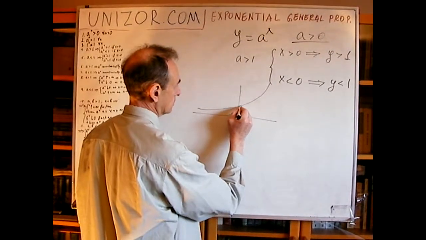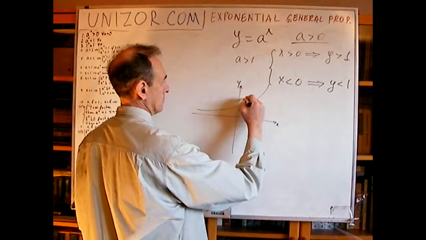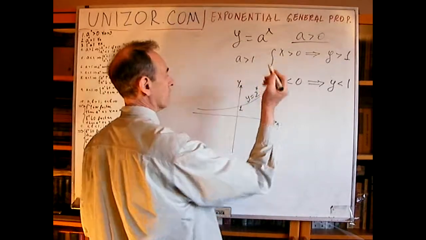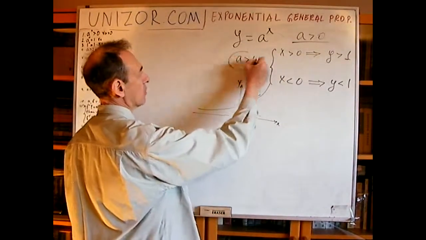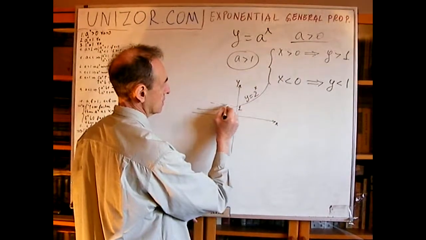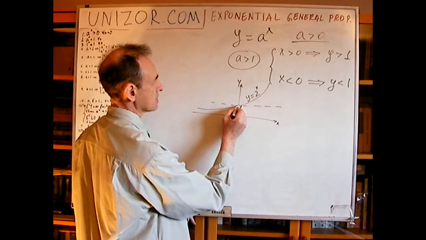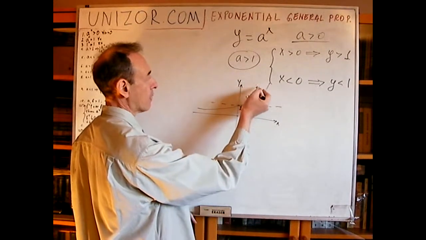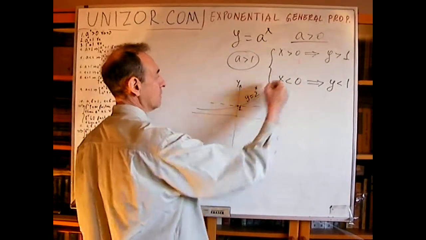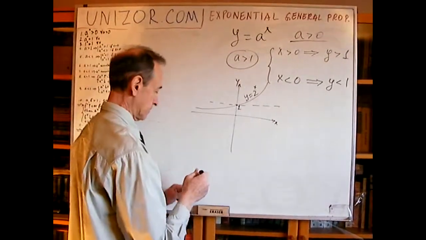Well, this is 1. So this is y equals, let's say, 2 to the power of x, something like this. Any base greater than 1. So it's increasing. This is level 1. So if x is equal to 0, the function is equal to 1. 2 to the power of 0, as anything else to the power of 0, would be 1. Then the function goes above 1 to the right and below 1 to the left.